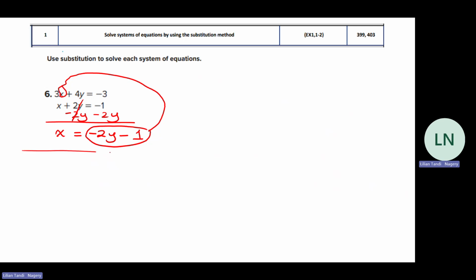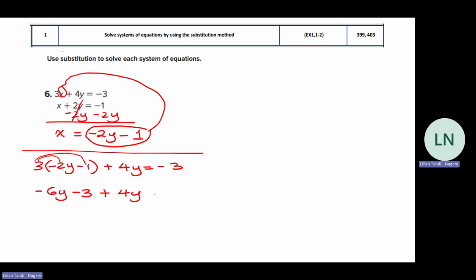So now I will have 3 parentheses negative 2y minus 1 plus 4y equals negative 3. I will do distributive property. So this will give me negative 6y minus 3 plus 4y equals negative 3.